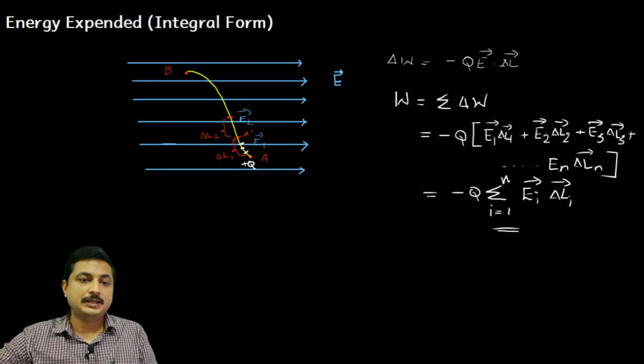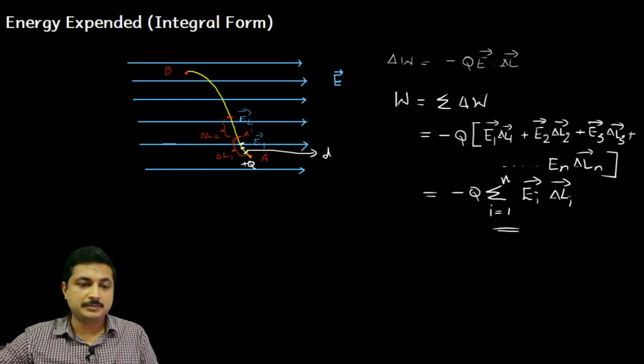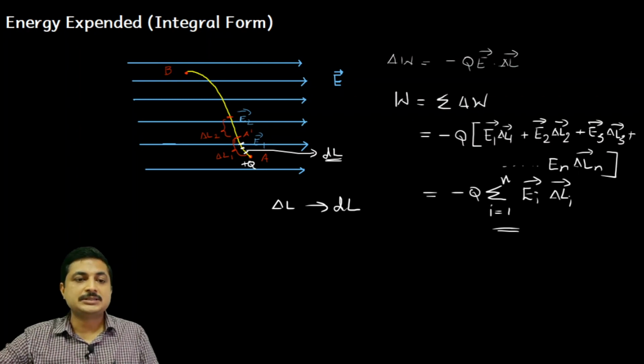In that case, these small paths can be noted as dl. Then my small path delta L now becomes dl, because I have divided delta L into dl. So it is now necessary to calculate what is the work done at every instant of dl. So delta L vector becomes dl vector.